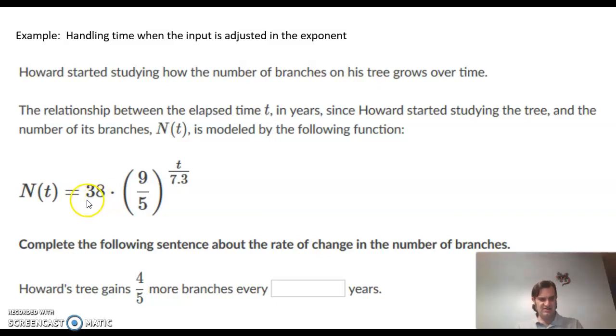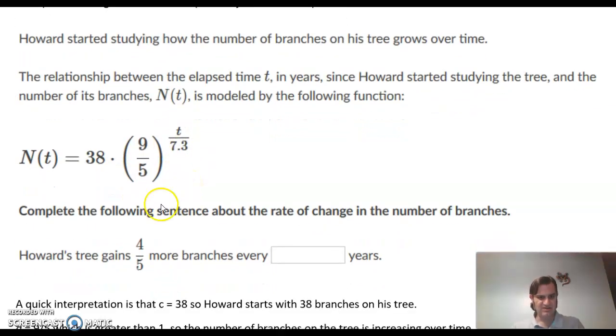That means when he started measuring this tree, he had 38 branches. Okay, 9/5 is the multiplying factor here, or the ratio, and we'll look at the part up here in a second, but let's look at what the question is. It says Howard's tree gains 4/5 more branches every blank years.